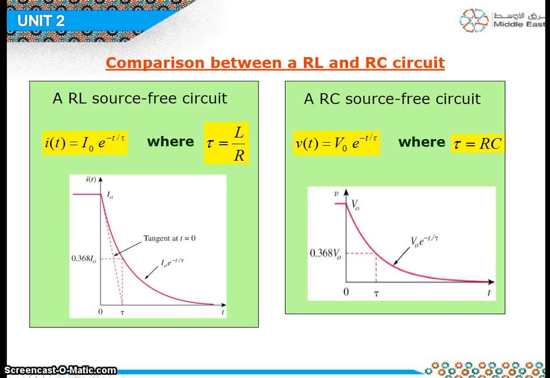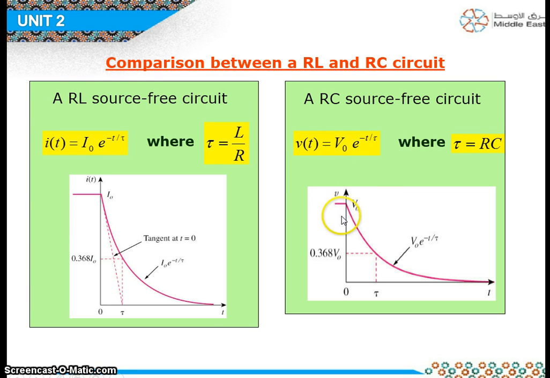After the discussion of the two topics, source-free RL circuit and source-free RC circuit, here is a comparison or summary. The first topic that we saw was the RC source-free circuit. It was the voltage which was decaying or discharging. Remember, a fully charged capacitor will always discharge.